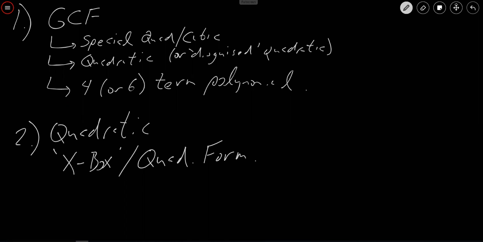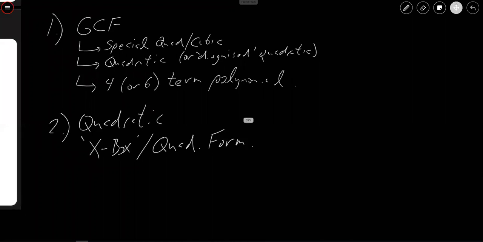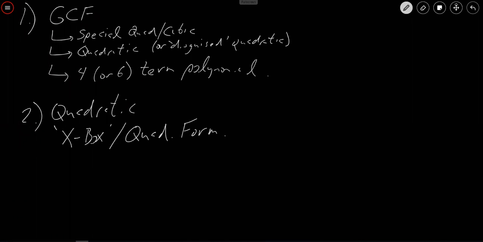If it's not a quadratic, if it's a 4 or 6-term polynomial, or a higher degree that can't be factored anymore, it's not a special cubic, then your method for solving that would be to use the grouping method.